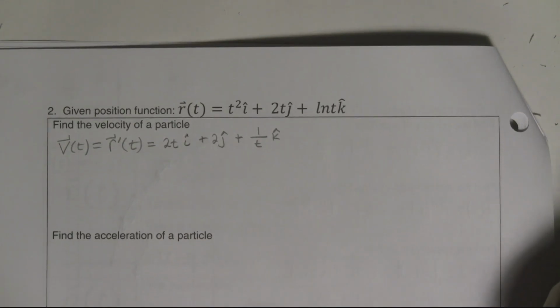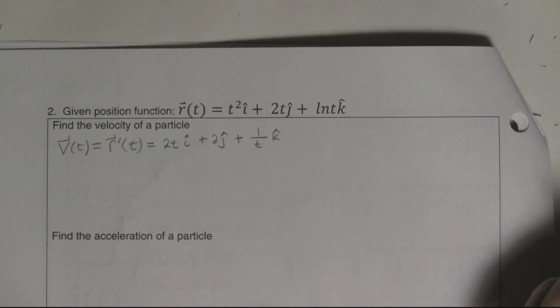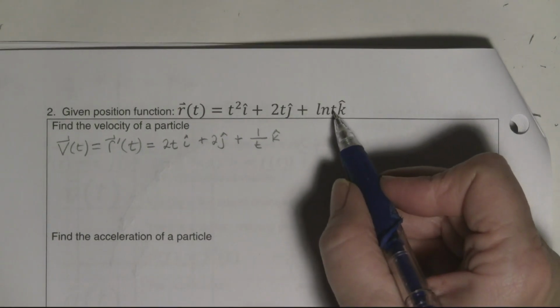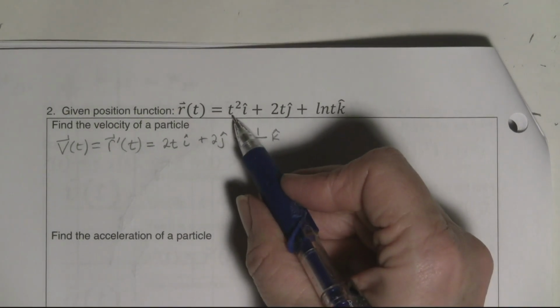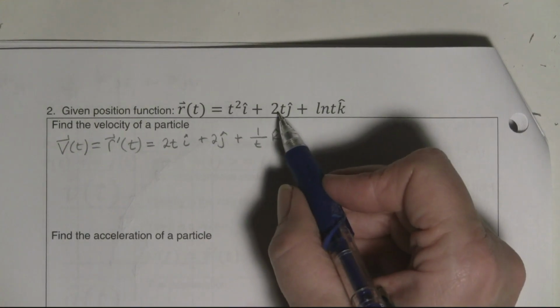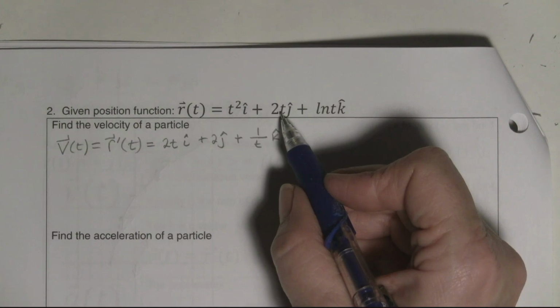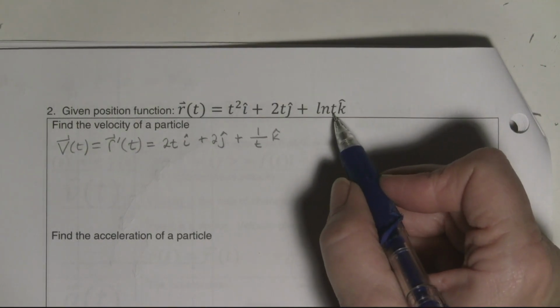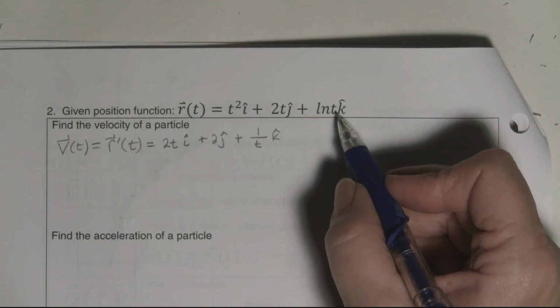And something I note right here before I even go on is that I have no problems with the domain for t squared. The domain is all t. But for natural log of t, there's a domain issue.